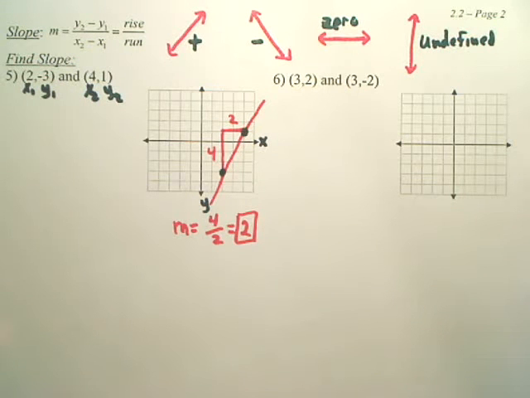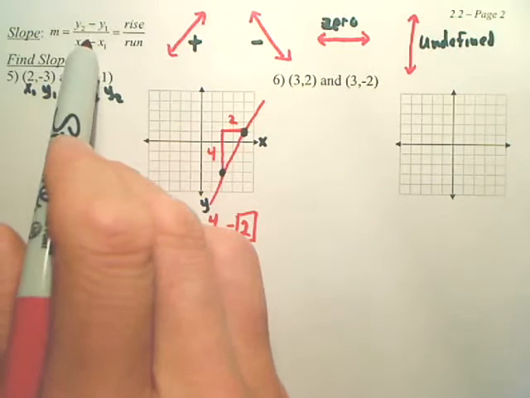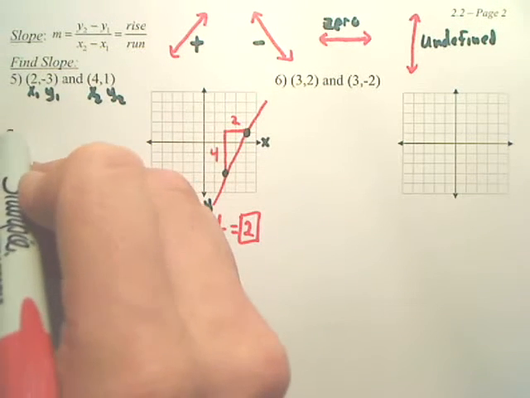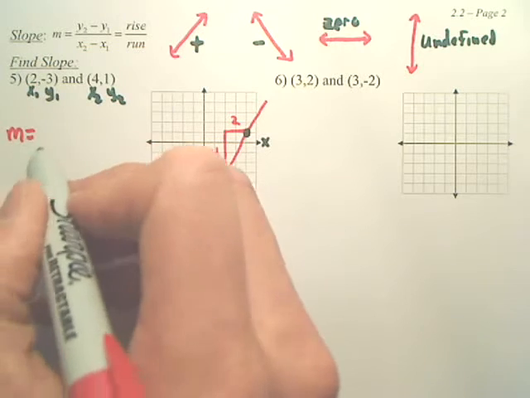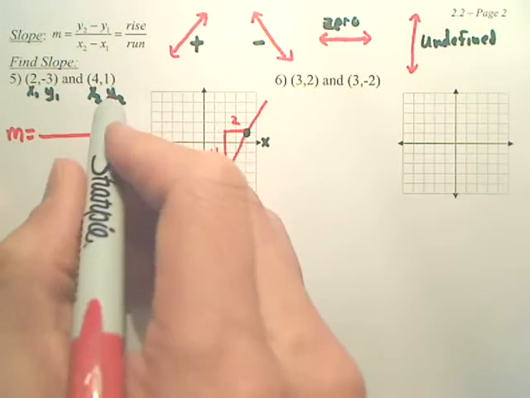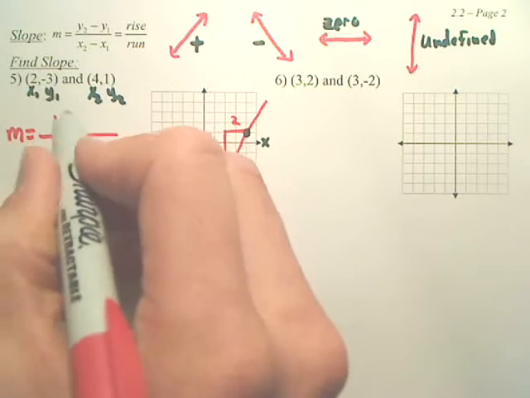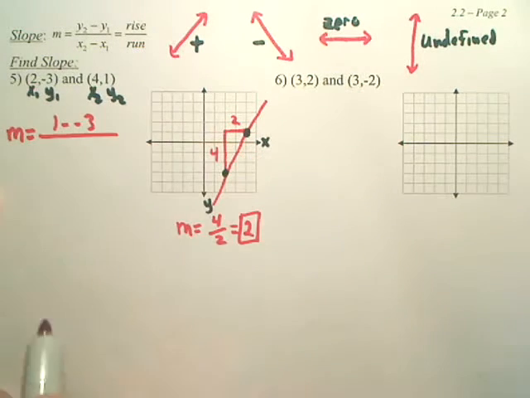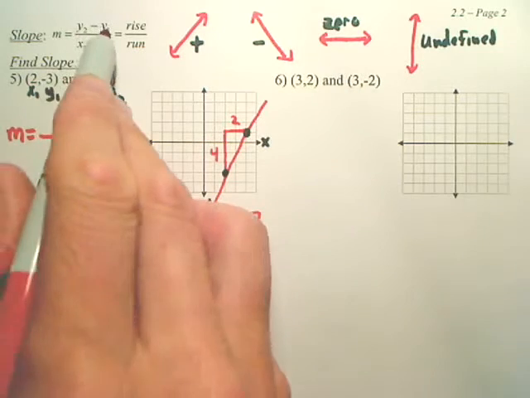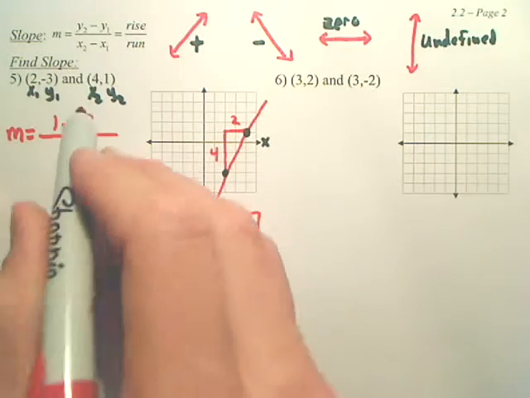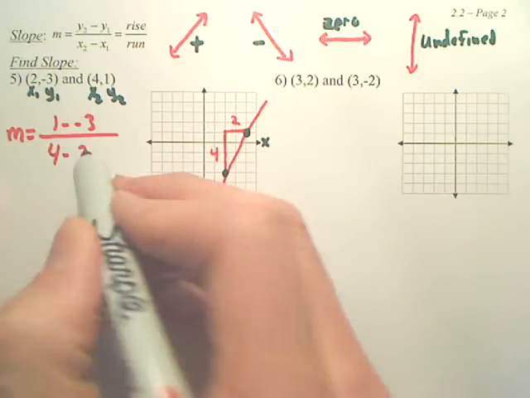Now, for some of you, you don't want to deal with a graph. This formula is a lot better. So here's how you do the formula. m equals y2 minus y1 over x2 minus x1. y2 is 1, y1 is negative 3, so that'd be 1 minus negative 3, over 4 minus 2.